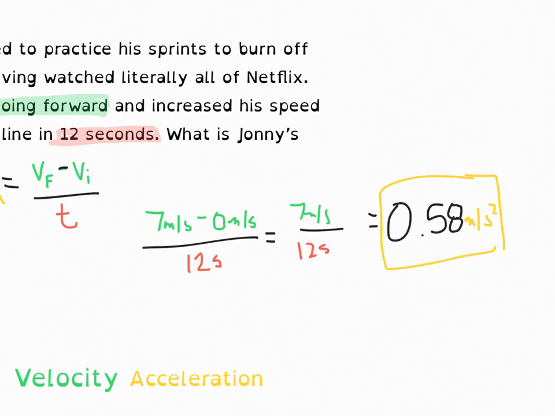So what this is basically telling me is that Johnny is increasing his speed by 0.58 meters every second. So every second he's adding 0.58 meters per second faster. So that is that increasing speed.